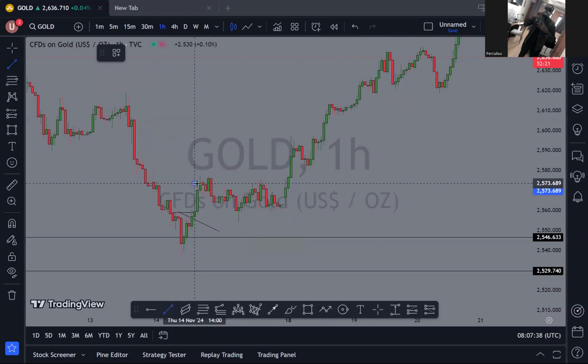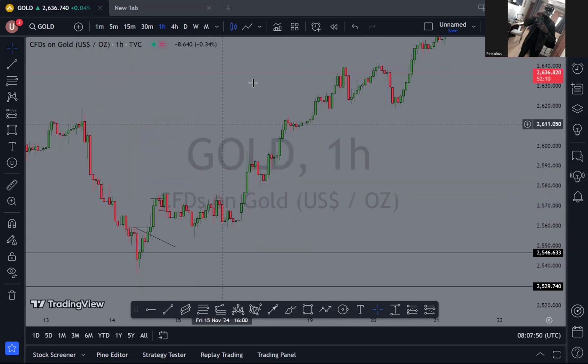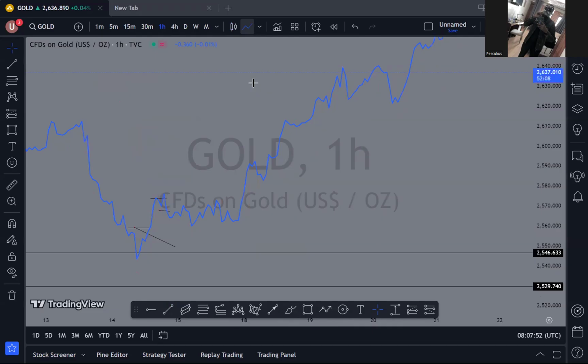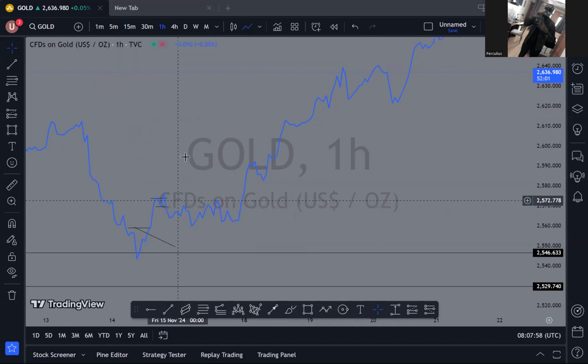Price took down, performed BOS, then came back to the structure and took the adjustment. You can see it on the line chart. It's very visible. So yeah, this is the valid pullback.